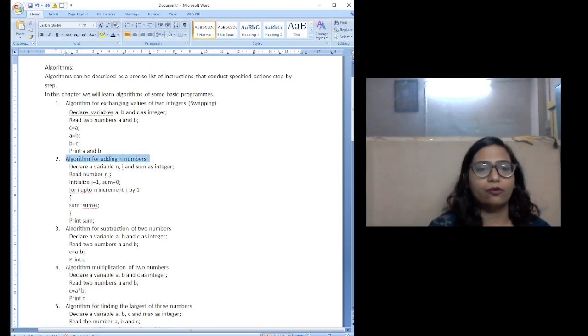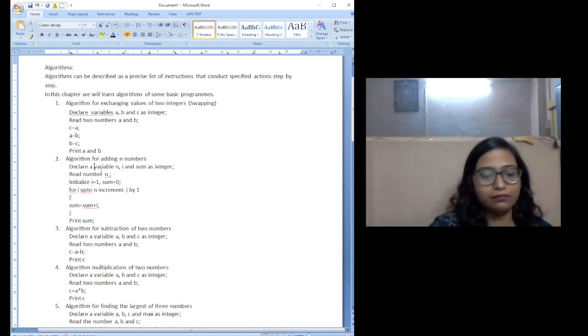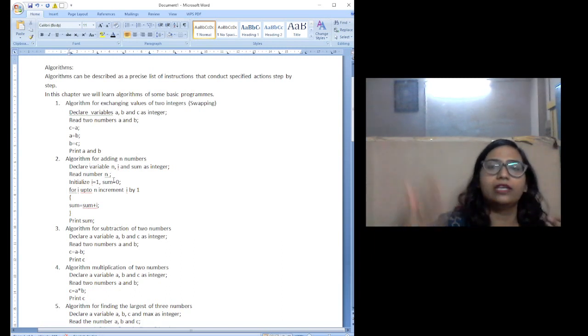Next comes the second algorithm for adding n numbers. Okay. So for that, you are declaring variables n, I and sum as integers, because you have to take the summation of n numbers. Okay, now read number n. If n is 5, that means 1, 2, 3, 4, 5, these will be added. Okay, 1 plus 2 plus 3 plus 4 plus 5.